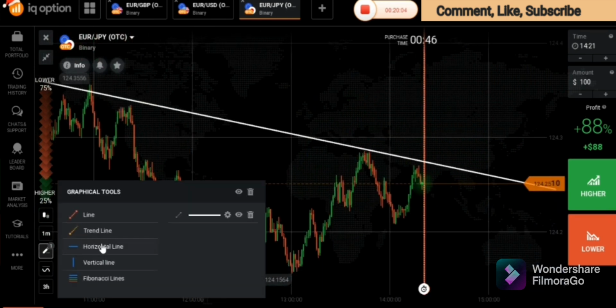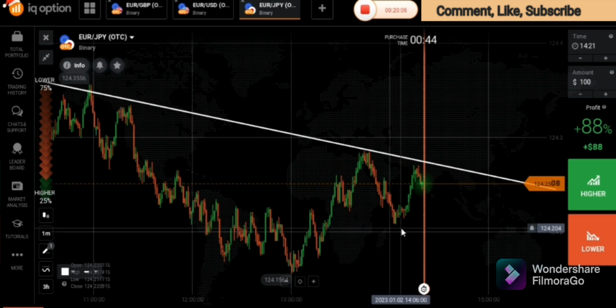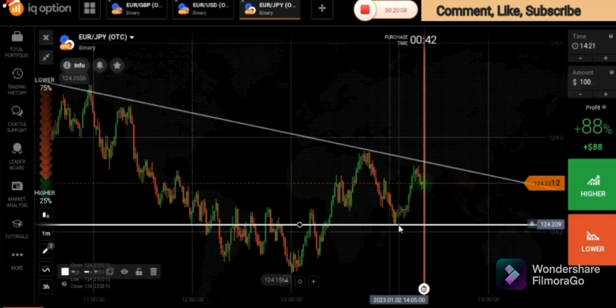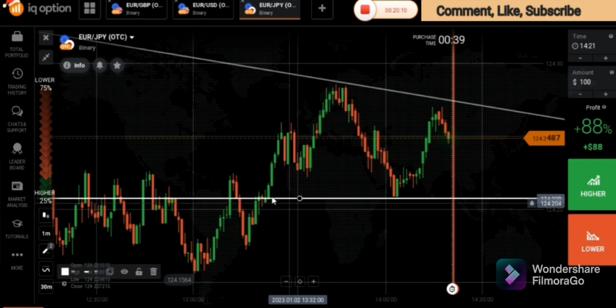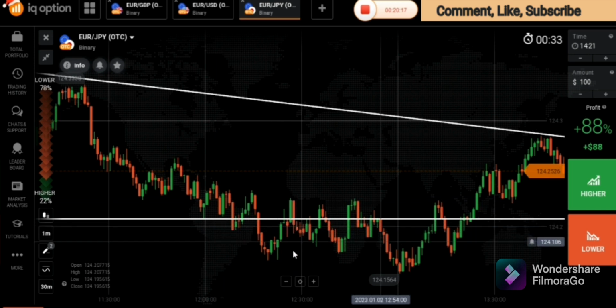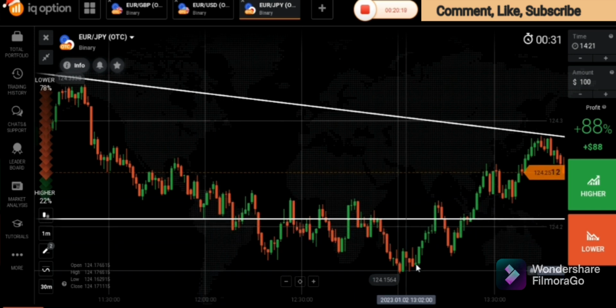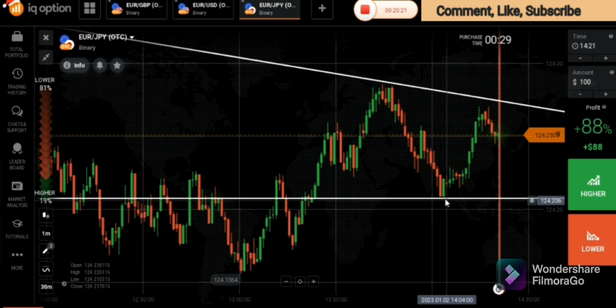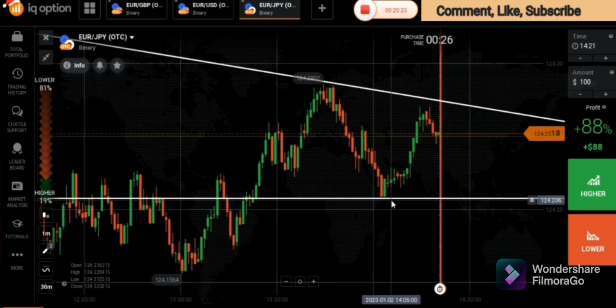draw a support horizontal line. I did that over here, and then when I paid attention to what happened, I realized that it was reversed. The market hit this level, reversed, and it worked over here as a support, and then it is doing the same thing over here. But I wasn't convinced.